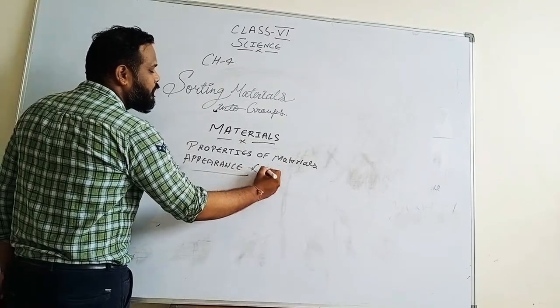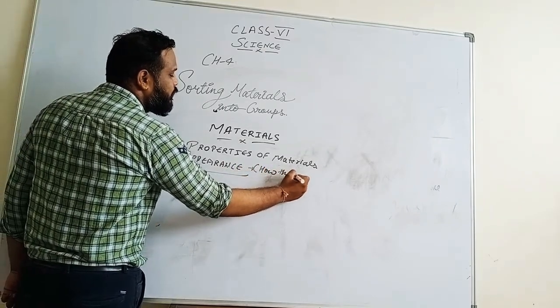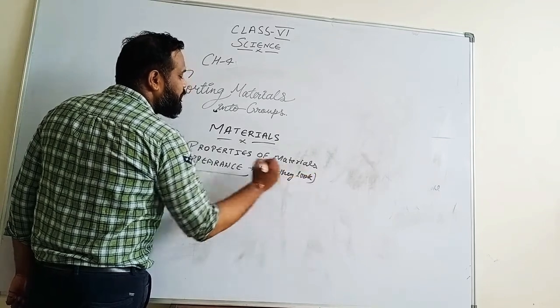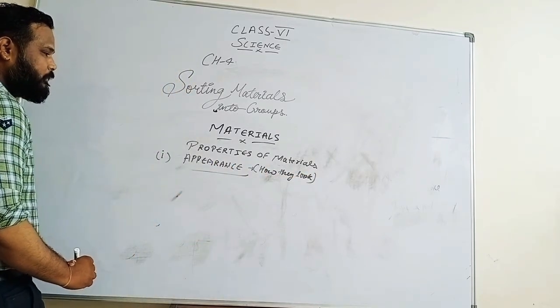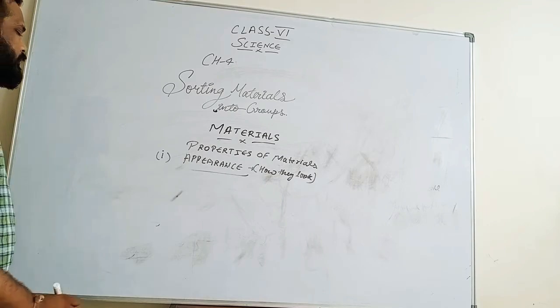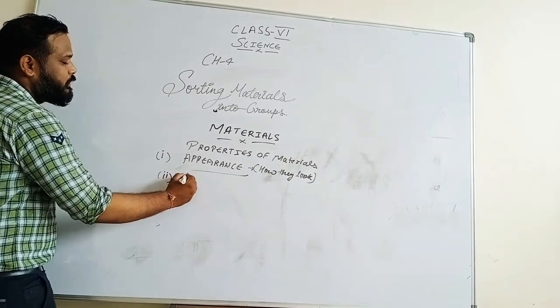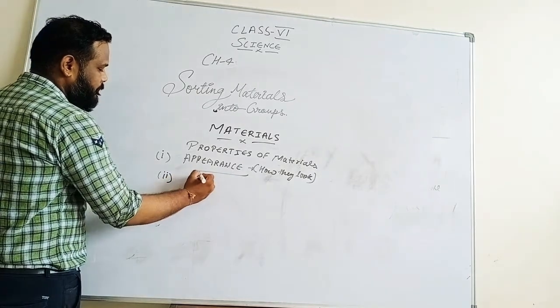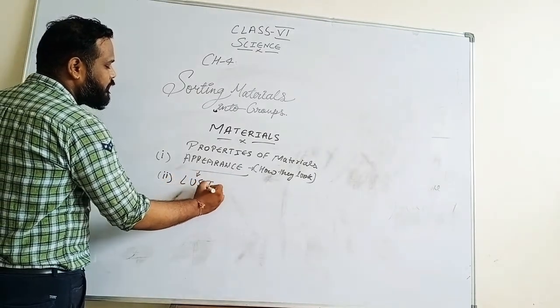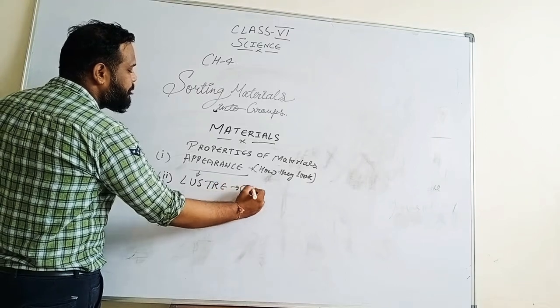Appearance means how they look, how they appear to you. Number two, that is not really a second part, but it comes under the appearance property, we call it luster, L-U-S-T-R-E, that is shining.